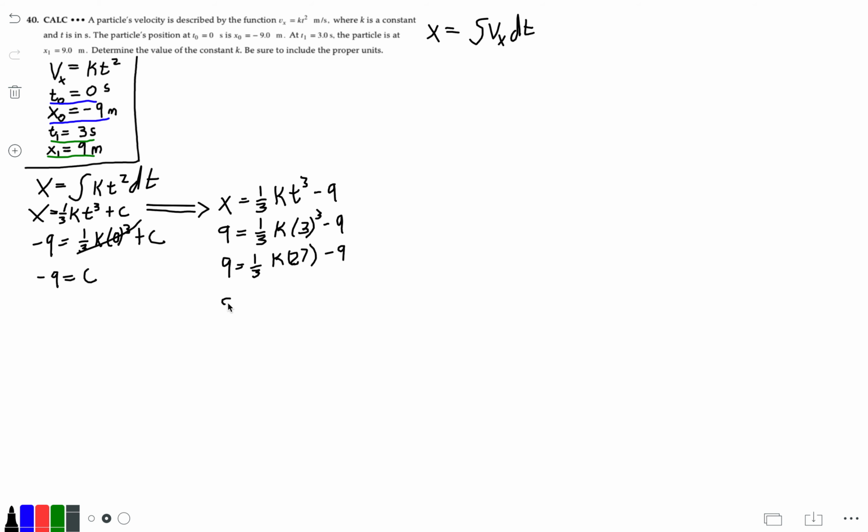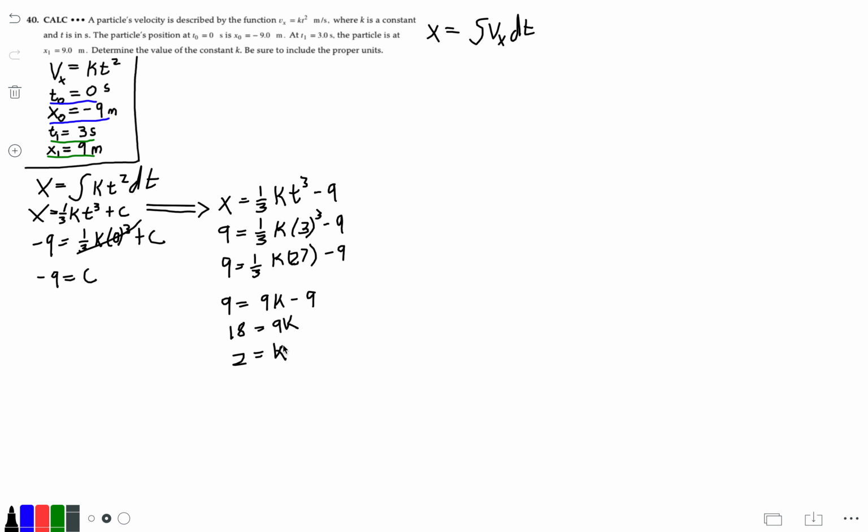And still solving for k, we end up with 9 plus 9 equals 9k, so 18 equals 9k. And we are left with 2 equals k.